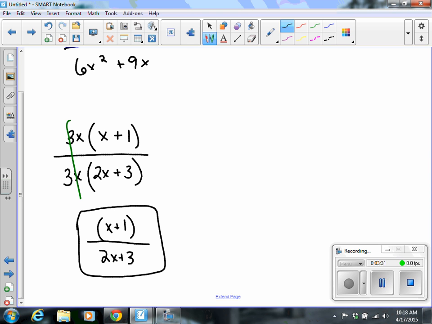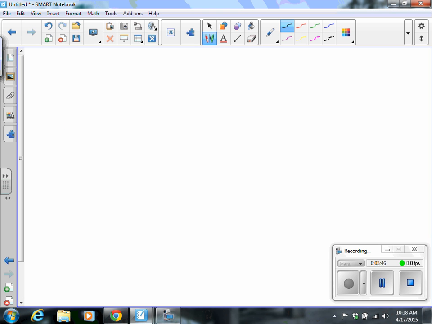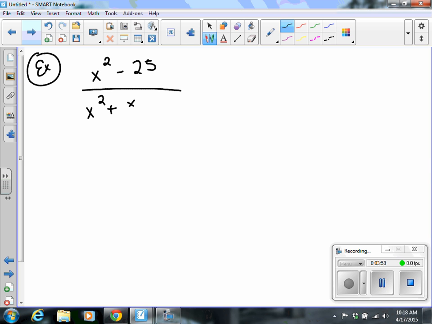Okay, so in this case, we didn't come down to just a regular number. We were still left with a polynomial, but it worked out. There will be times when you do have to factor. So for instance, I have x squared minus 25 all over x squared plus x minus 20.